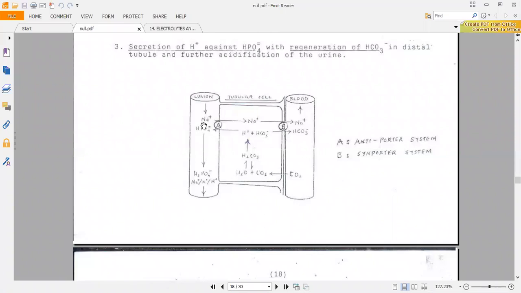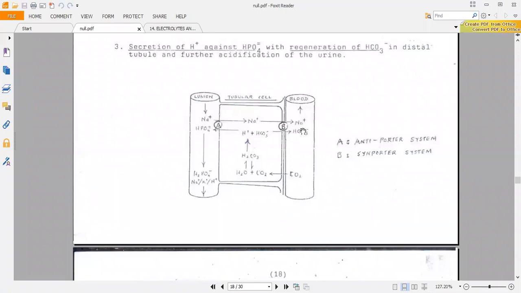So we are just using this phosphate group to accept the H plus ion, which is acid. If this process continues, your system will be losing a lot of H plus ions. Now what happens to this bicarbonate? This bicarbonate will also move into the blood stream and go and neutralize the excess H plus ions.